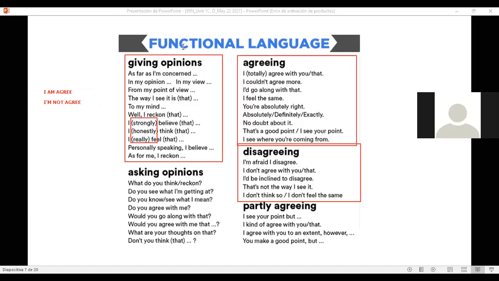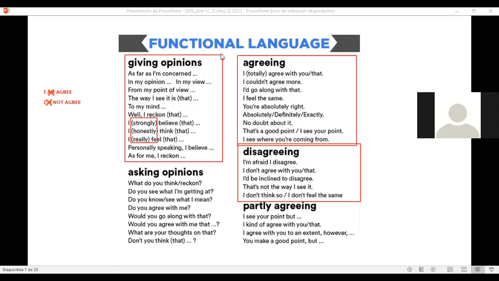When you are using the verb agree or disagree, you are not going to use the verb to be, okay? So verb to be is not allowed when you are using this verb. Prohibido el uso del verbo to be con el verbo agree, estar de acuerdo, ¿sí?